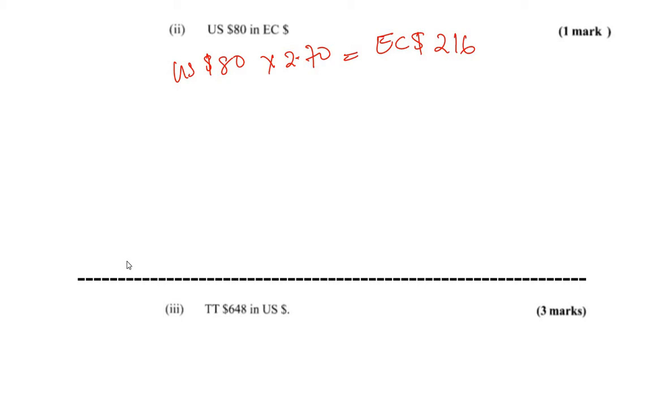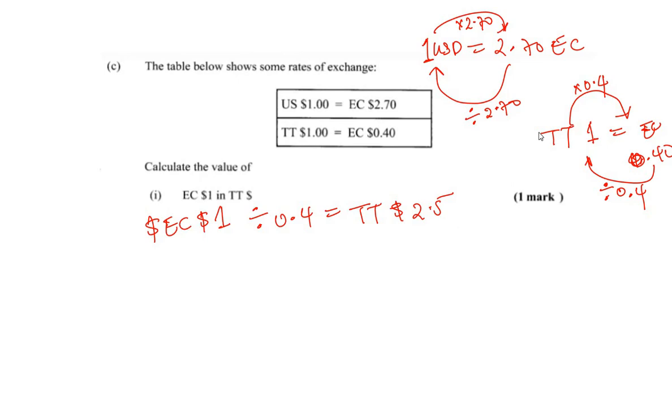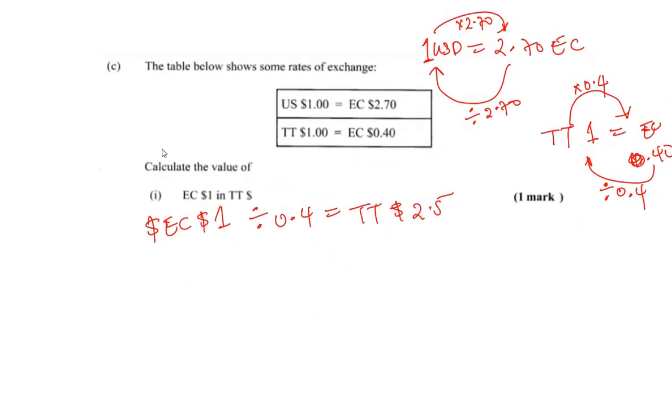So we're just using the same concept from above, where if we're going from US to EC, we multiply by 2.70.